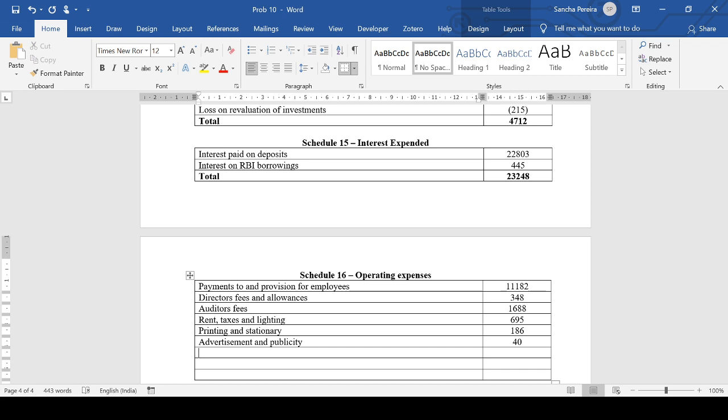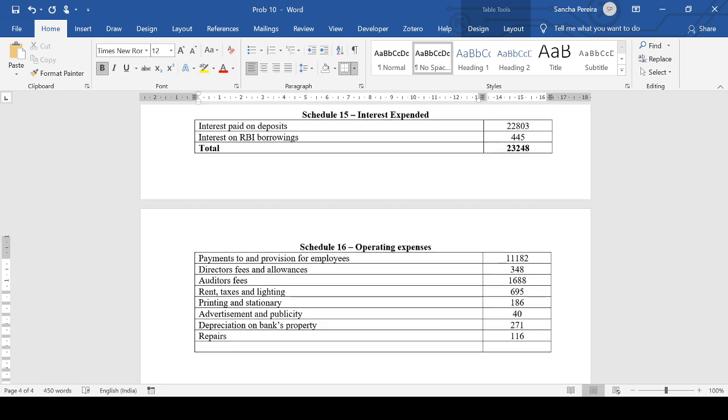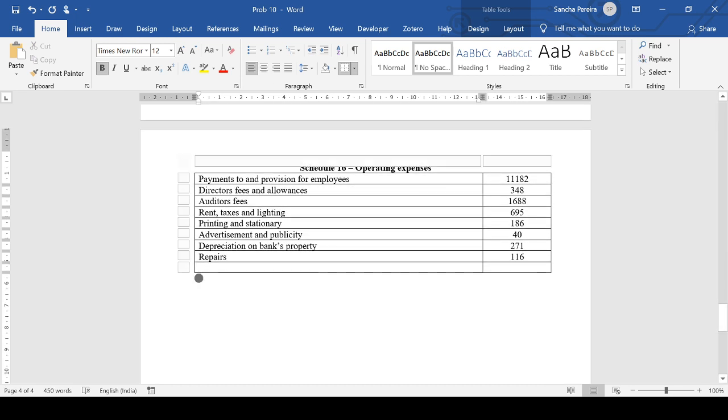Then we also have depreciation on bank's property, which is 271. Repairs, 116.